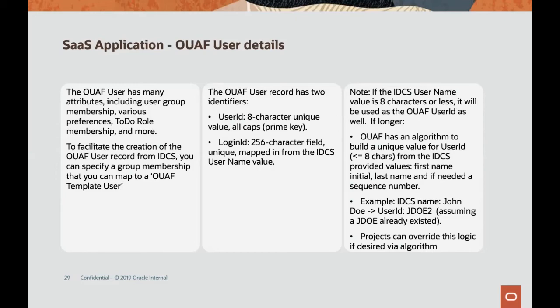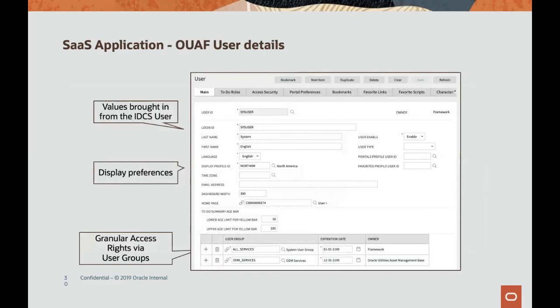This user record inside of each application environment controls many settings for that user. This is just a snapshot of what the main tab of that user record contains, some of which, like last name, first name, for example, and login ID, come from IDCS.